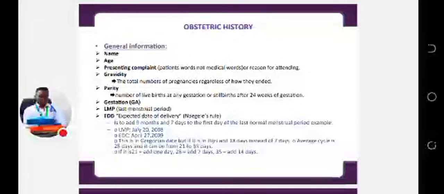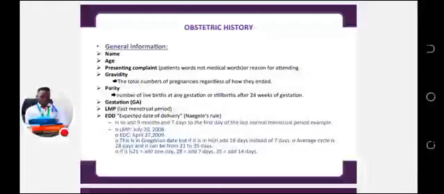Then parity. This is also very important in general information because it talks about the number of live births at any gestation, or stillbirths after 24 weeks of gestation. So here, the number is very important: the number of live births at any gestation period.